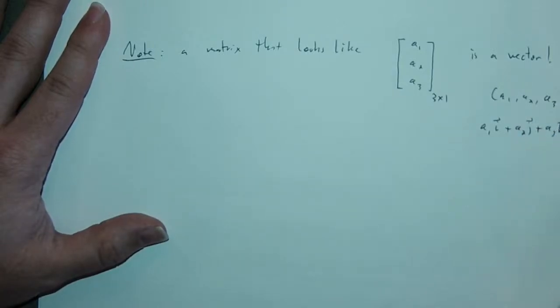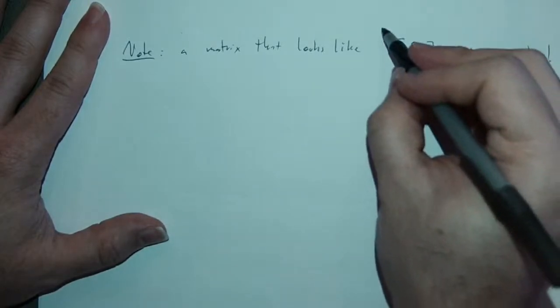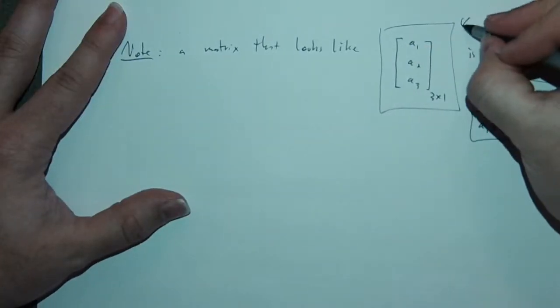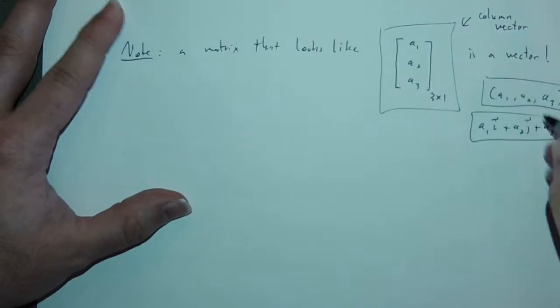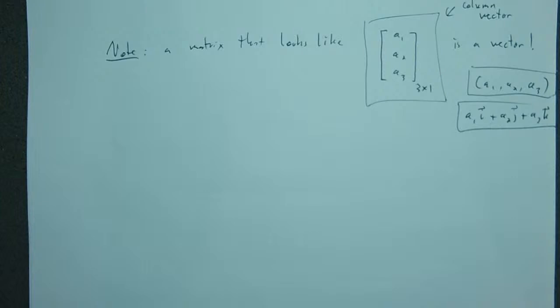So just like for a vector, we had this way of writing it, and we had this way of writing it, but they were the same vector. This is just another way of writing it, okay? This is called writing it as a column vector, but a column vector is a vector. So all these 3 things are equivalent ways of writing the same vector. Now, in order to actually be rigorous with all of that, I would have to go further into something called isomorphism of vector spaces.